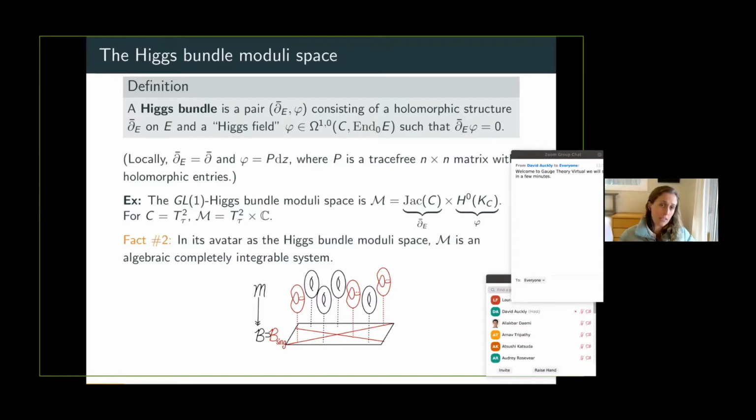For example, if C is just the 2-torus with complex modulus tau, then you can identify the Jacobian of the torus with itself.